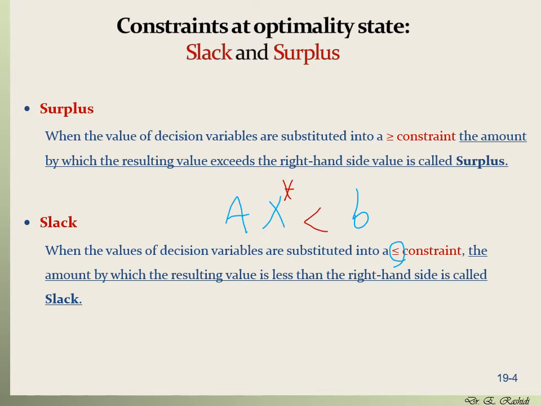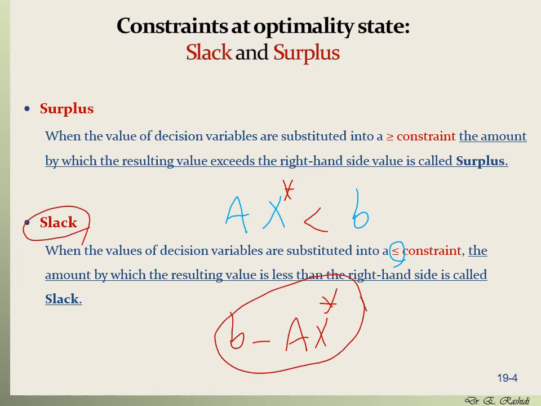And the amount by which the left-hand side is less than the right-hand side, that means b minus ax*, this is called the slack. So at the optimality state, we either have binding constraints or we have slacks or surpluses.